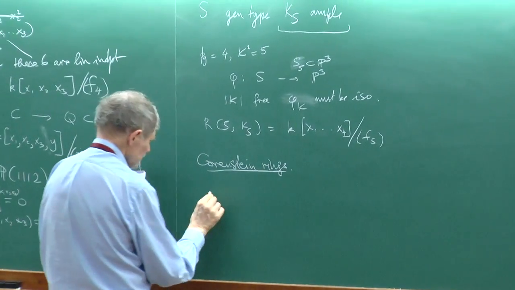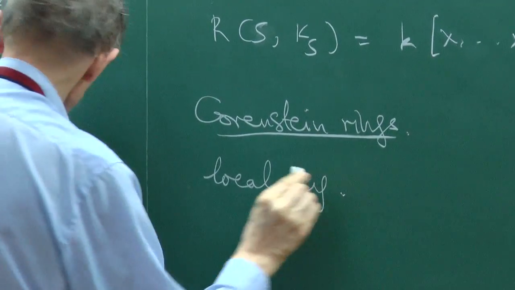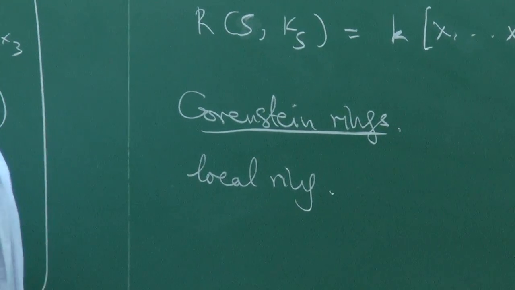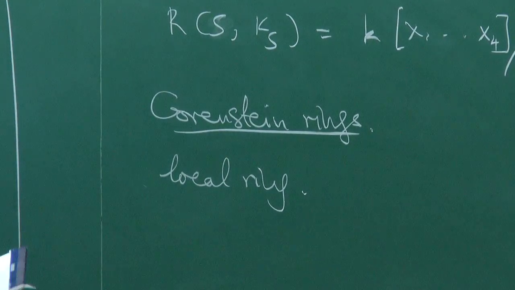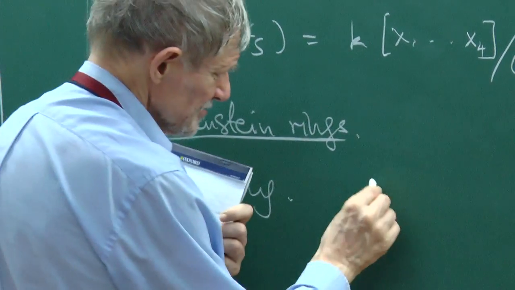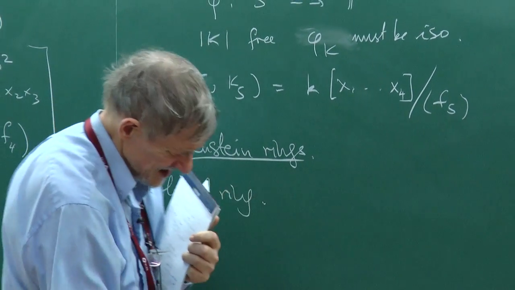Okay, so let me say for a local ring. When I'm doing a projective variety, the local ring I have in mind is the local ring at the origin there. So for a local ring, Gorenstein always means Noetherian.